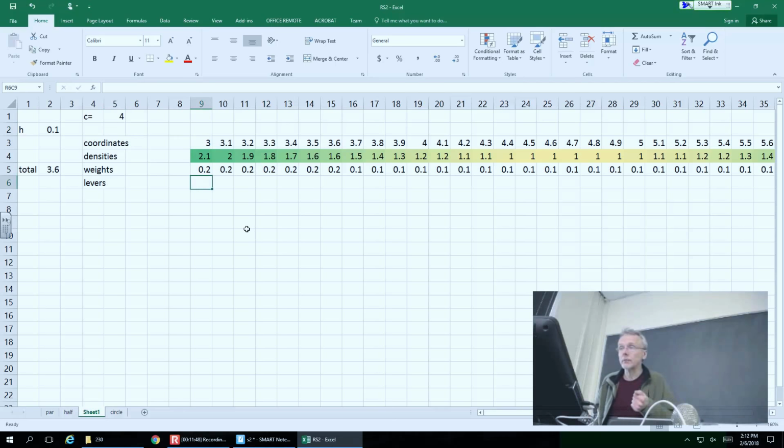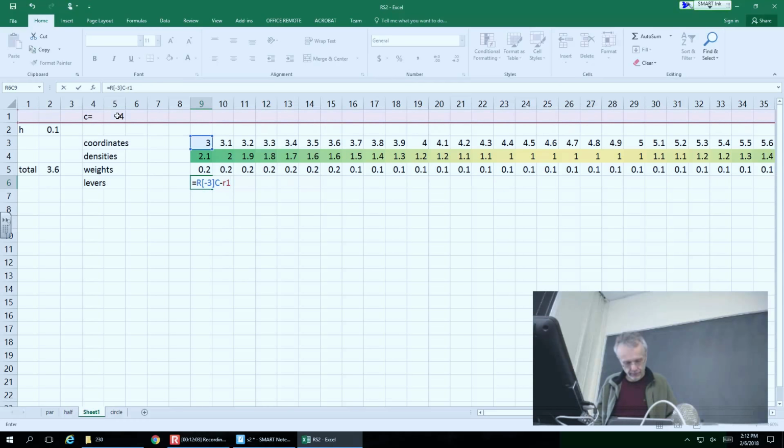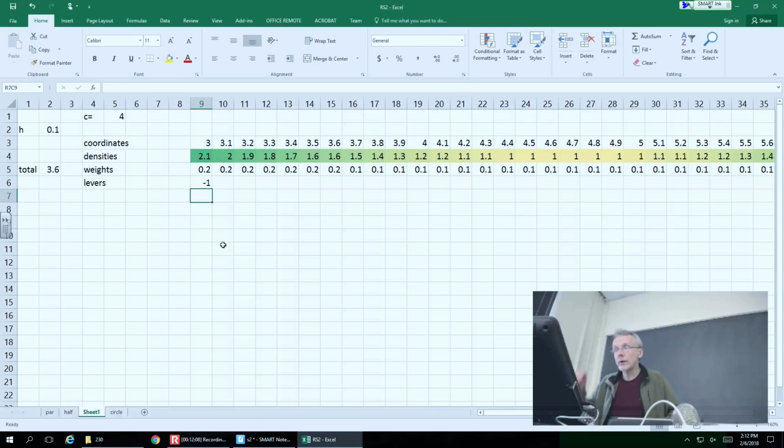So over here, the lever will be equal to the coordinate minus that entry over here, row 1, C5. As you can see, the lever is -1 because it is to the left of 4, and the lever is negative.